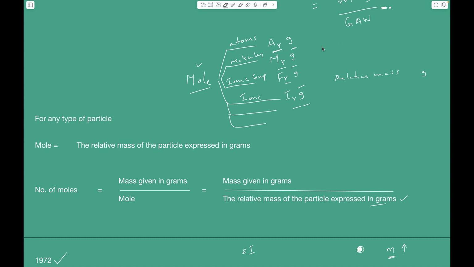So 1 mole of sodium atoms means 23 grams, or 1 mole of oxygen molecules means 32 grams of oxygen, and so on. So before 1972, mole means certain amount or certain mass of the substance.